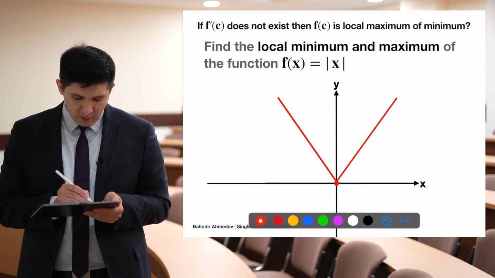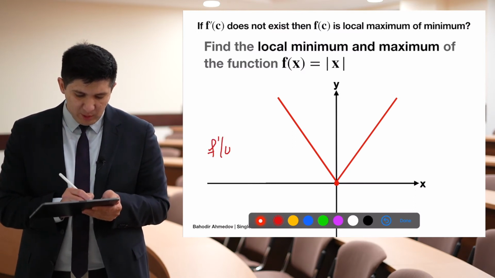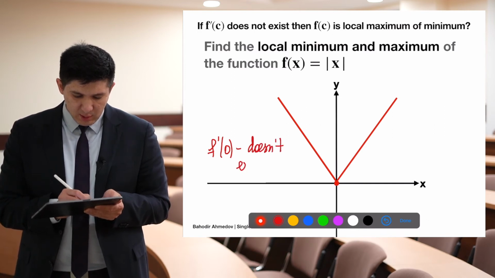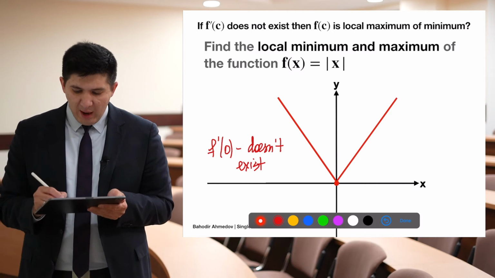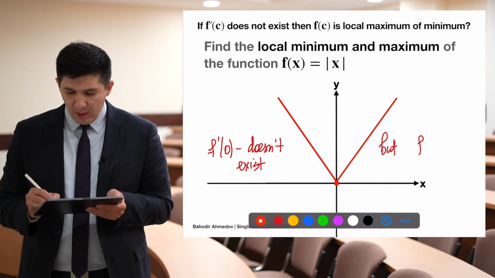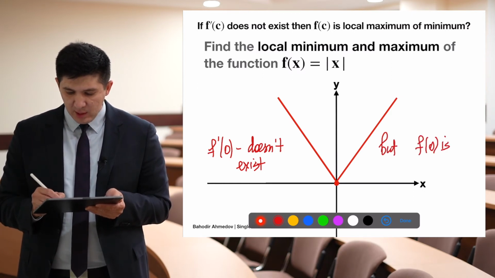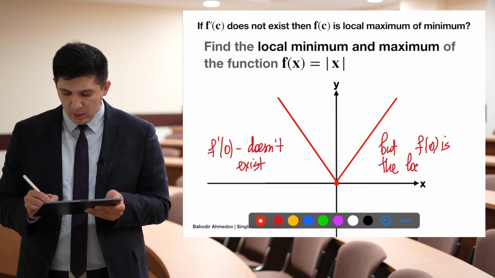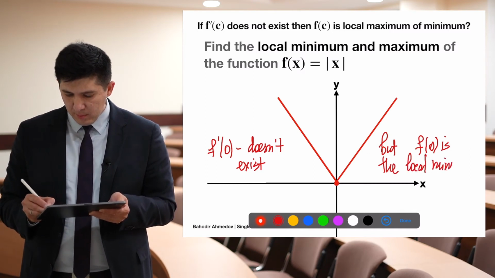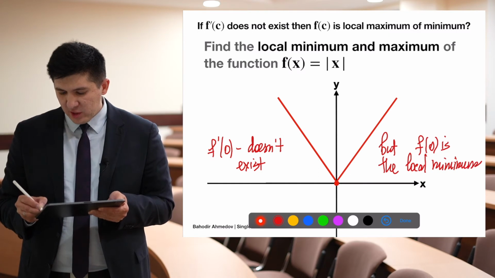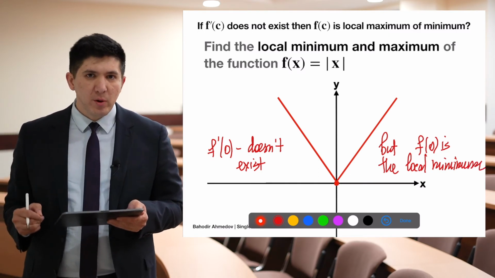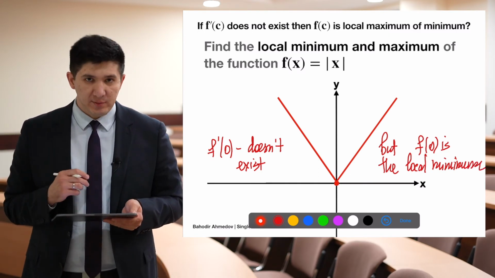So here, the derivative doesn't exist at the point 0. However, f of 0 is the local minimum, because the function is decreasing before this point and then increasing after this.